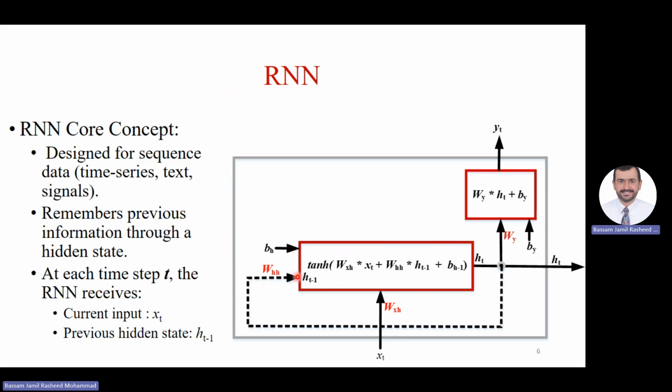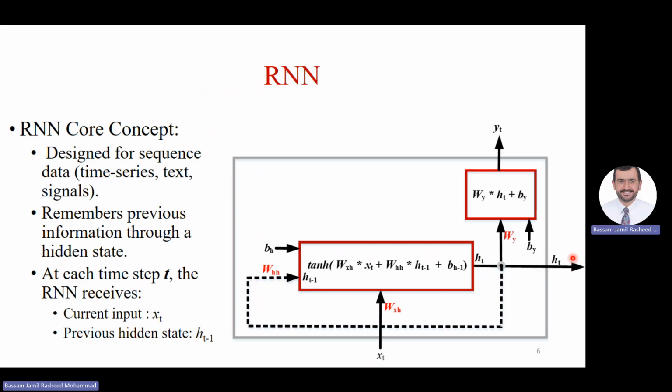So 2 major inputs: the current input x_t multiplied by certain weights and the previous state, right, multiplied by certain weights, and there is a bias here. That goes into an activation function, and we compute the current hidden state. That current hidden state, I can produce it.